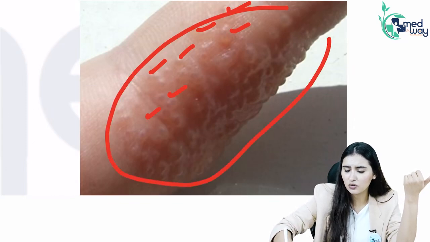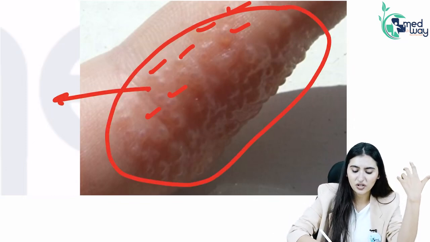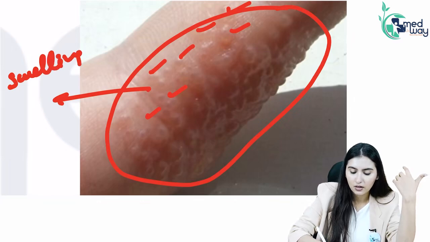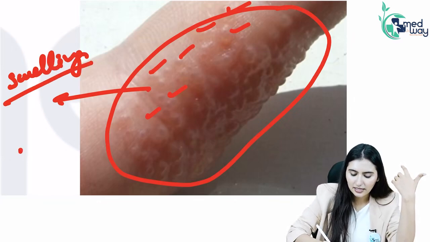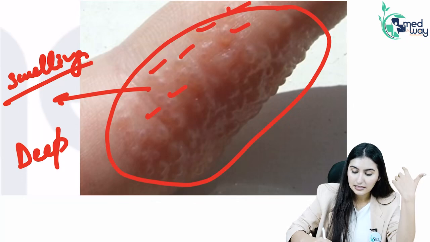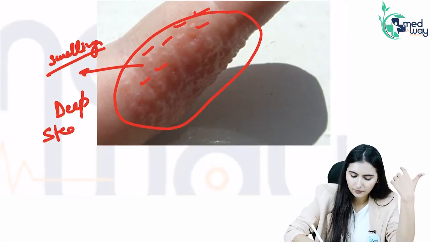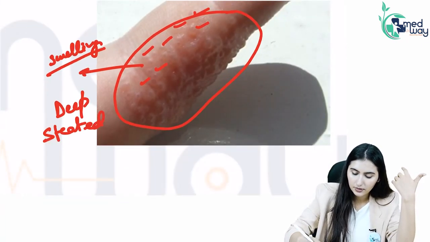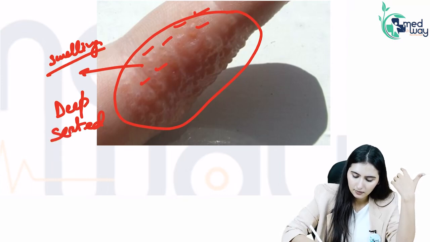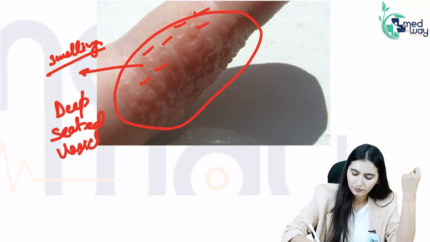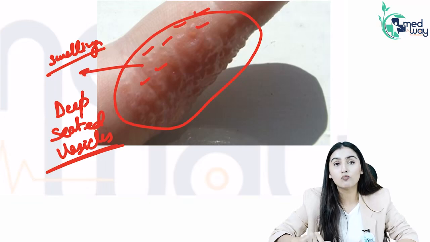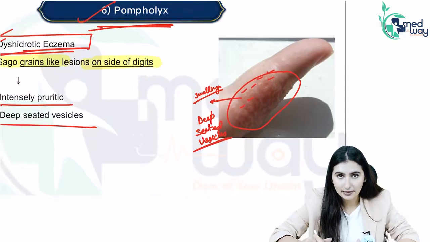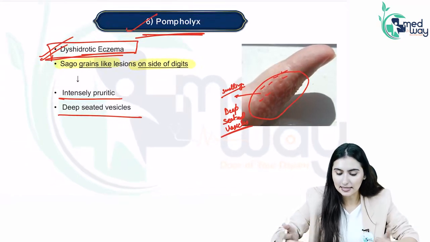The patient just doesn't stop itching. Ultimately, because of itching, they develop swelling and everything. But these are deep seated vesicles. Please ignore my spellings. Okay, this is pompholyx. This is dyshidrotic eczema, also an endogenous eczema.